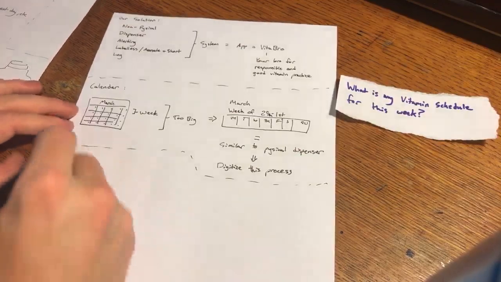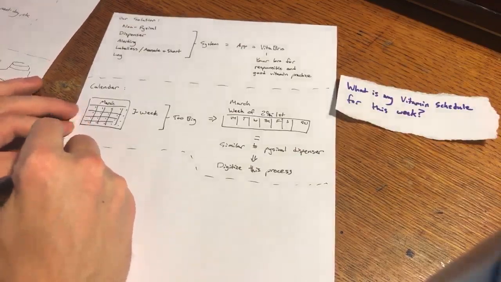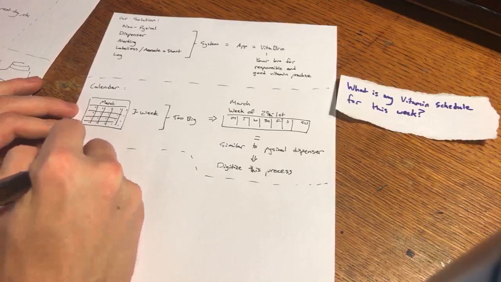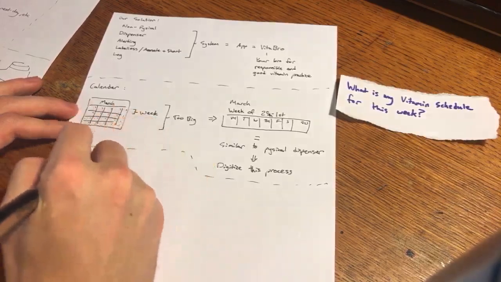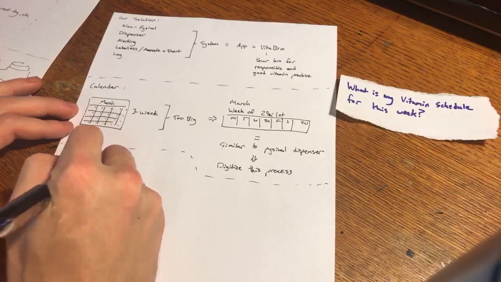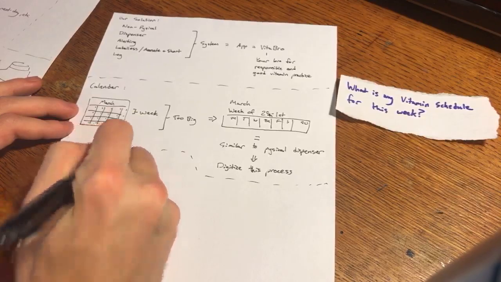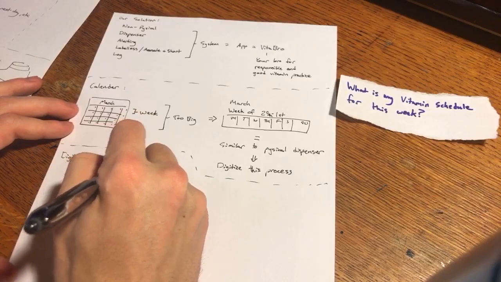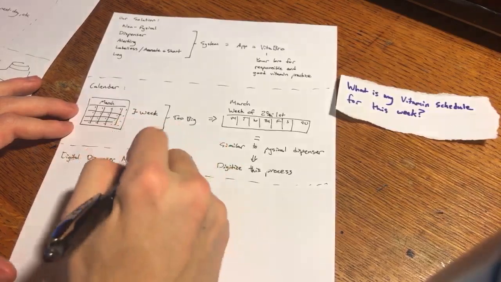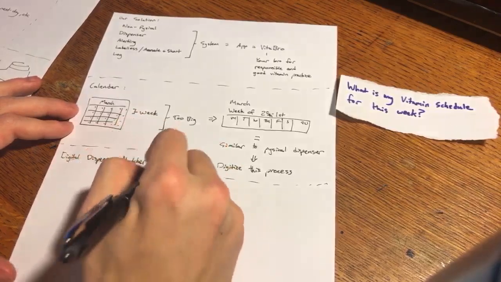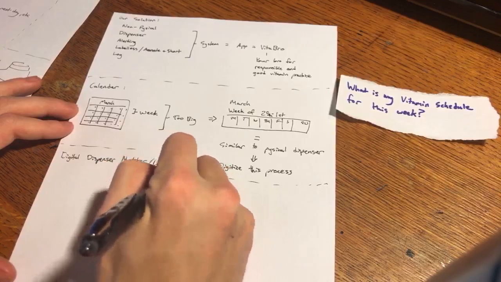So what if we did something like a digital, I'm just going to call this a digital dispenser matcher, or a log timesheet.